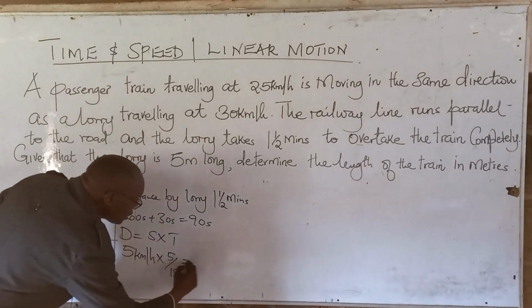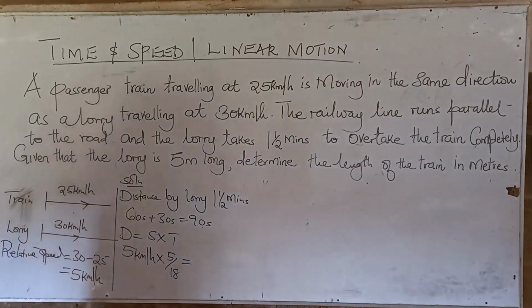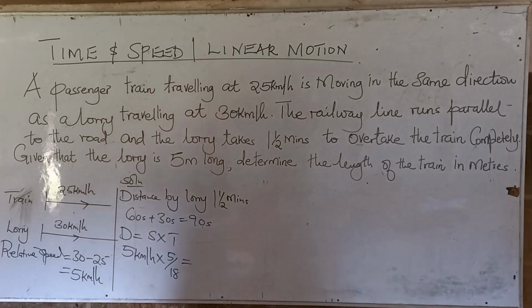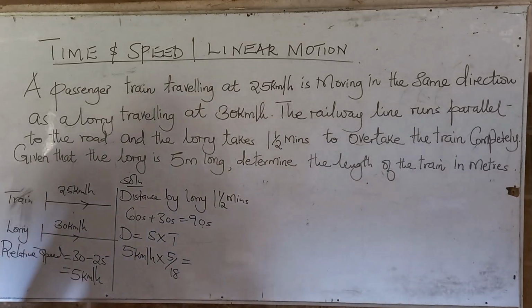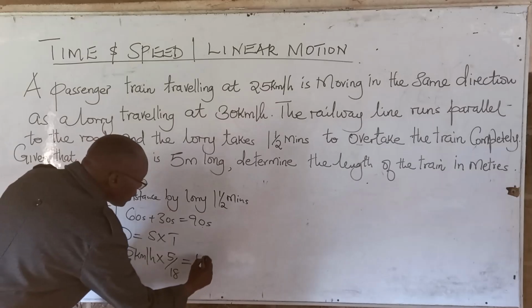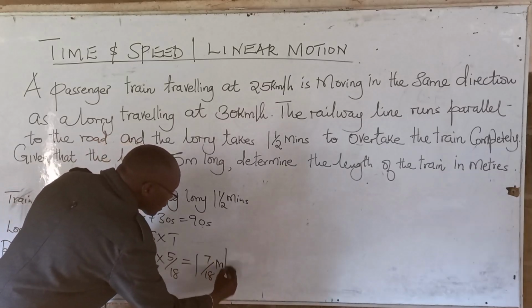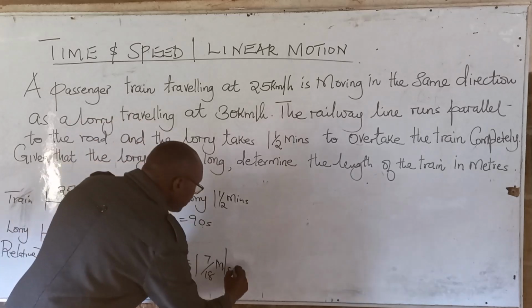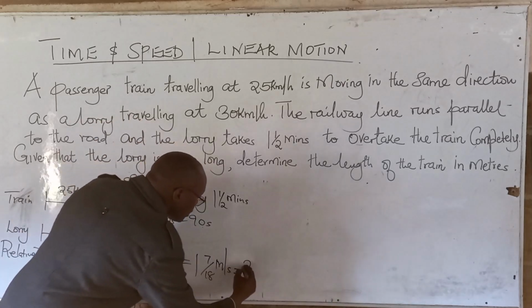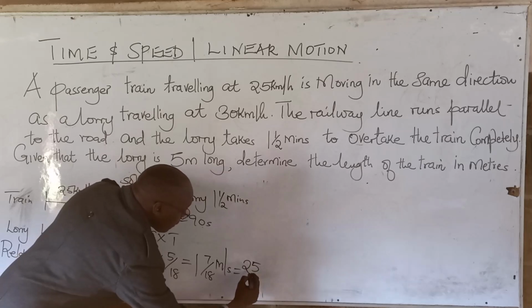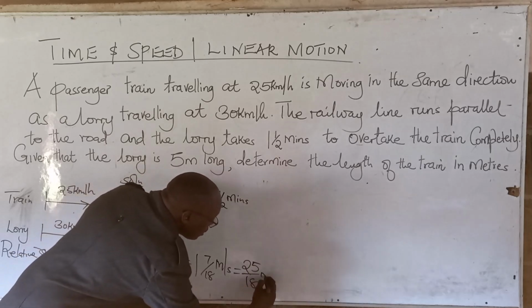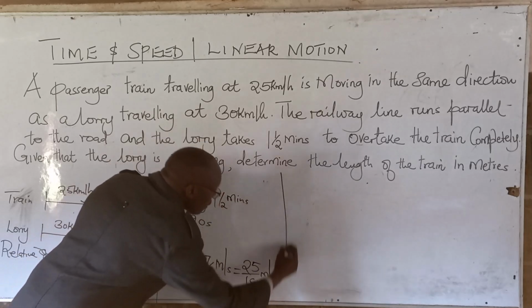And when you work it out using a calculator, you get 1 and 7/18 meters per second, which you can also write as 25/18 meters per second.